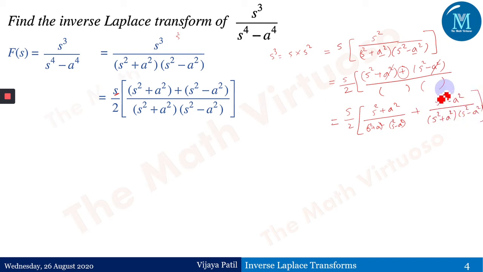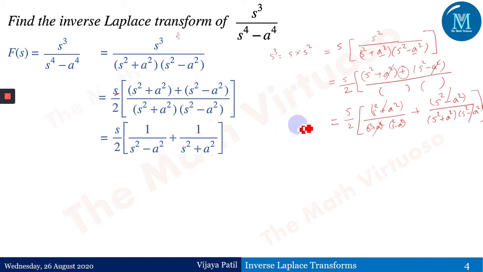So this bracket will go from here, this bracket will go from here, and I'll remain with whatever I have desired here. After this simplification, or rewriting this step, I will get this step.